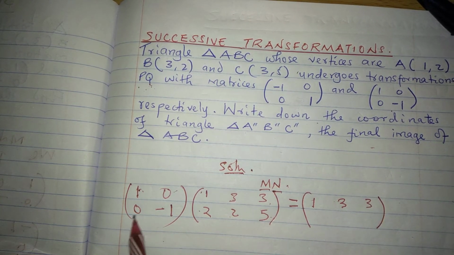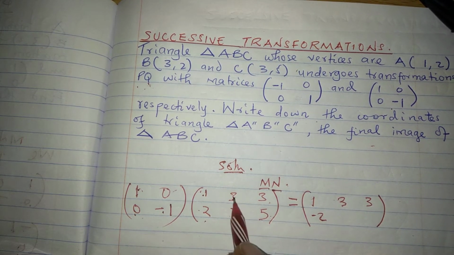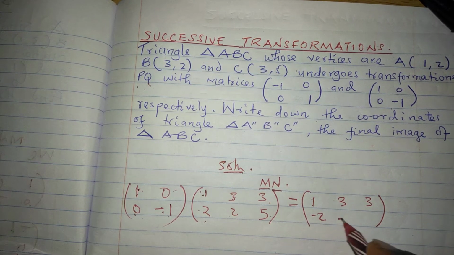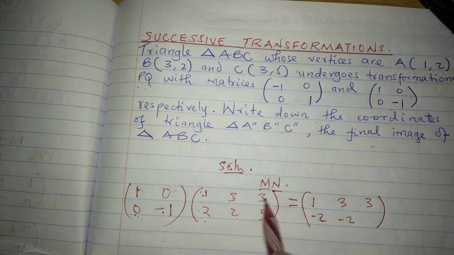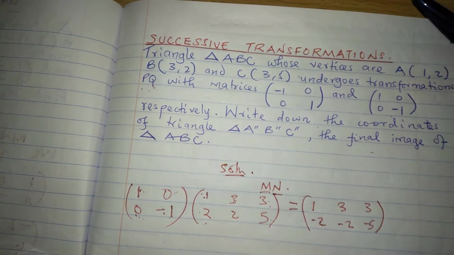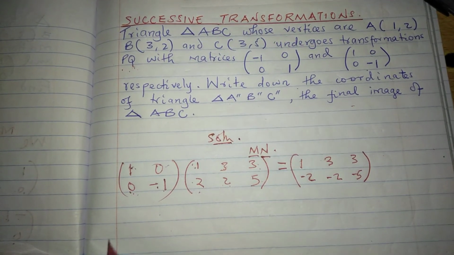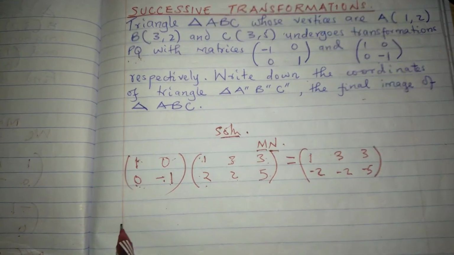And on the other side, we shall have 0 by 1 and negative 1 by 2, so negative 2, 0 by 3 and negative 1 by 2 gives us negative 2, and 0 by 3 and negative 1 by 5 giving us negative 5. Therefore, this is the first image of the triangle ABC after the first transformation.